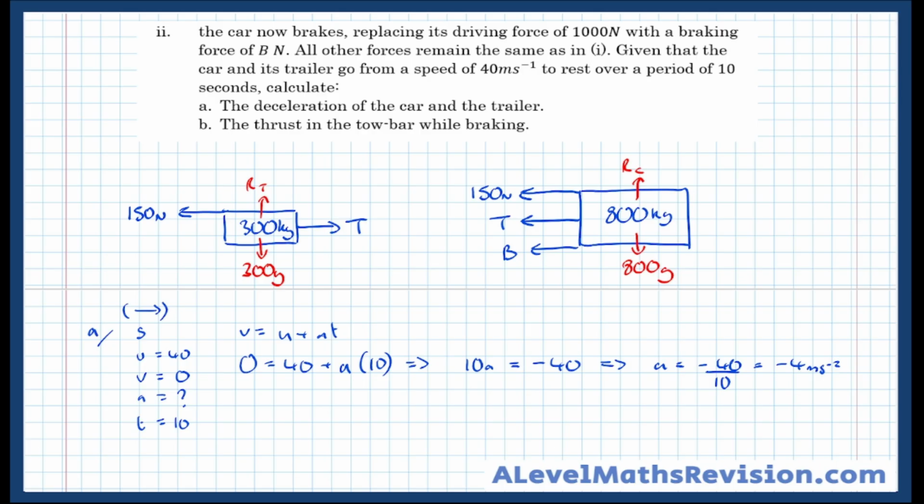So the car has a negative acceleration, which means deceleration. So a really technical point and an easy place to lose a mark here. It's asked specifically for the deceleration of the car. This is negative acceleration. So therefore we're going to conclude the deceleration is 4 meters per second squared.